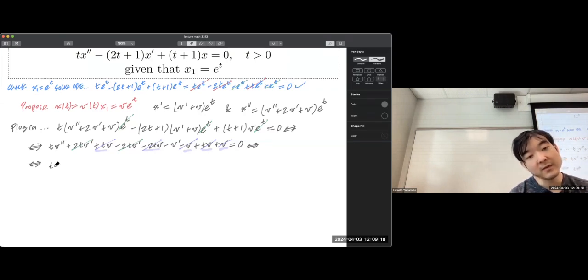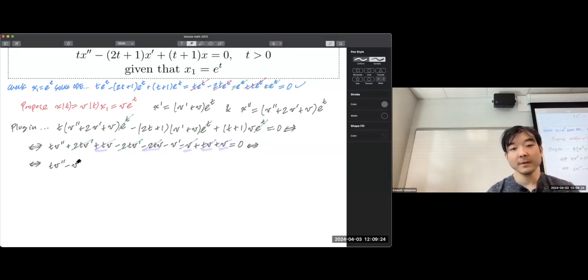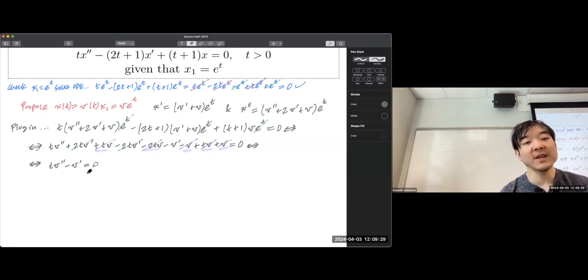You have t v double prime, and then all this is gone, so it's just minus v prime. This is equal to 0. So we're going to have to solve for v, and then that goes into this v here. So let's reduce the order. Since all the v terms are gone, it's only v double prime and v prime.